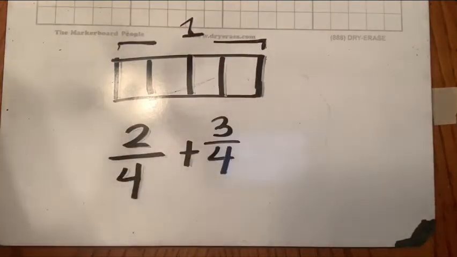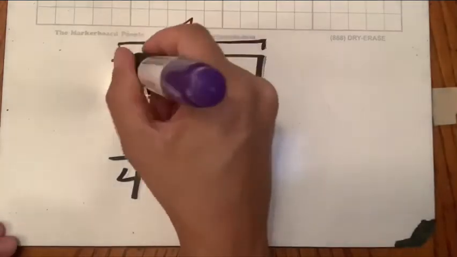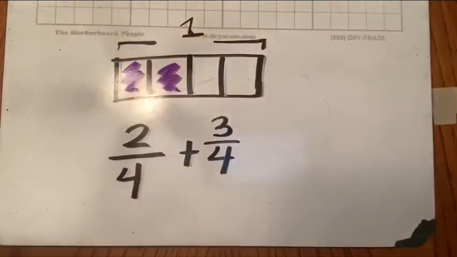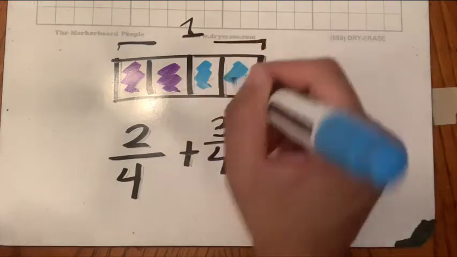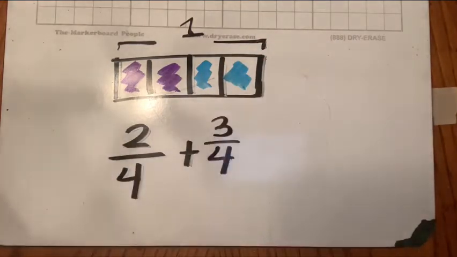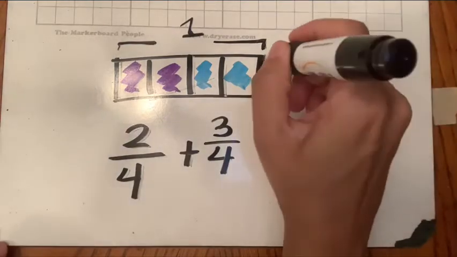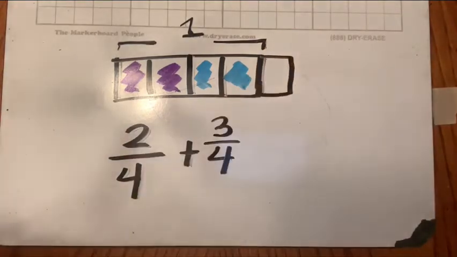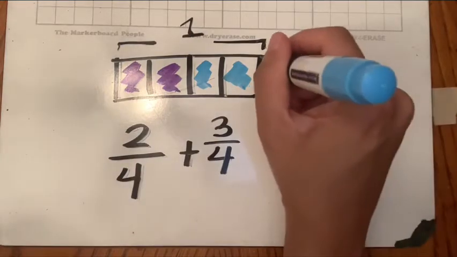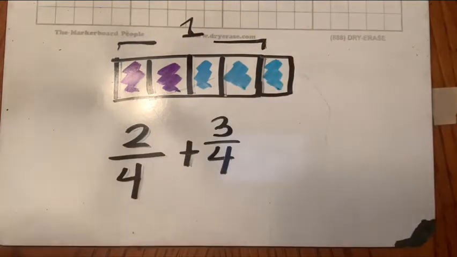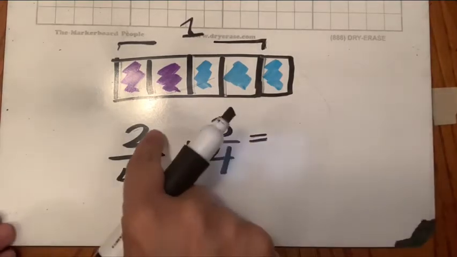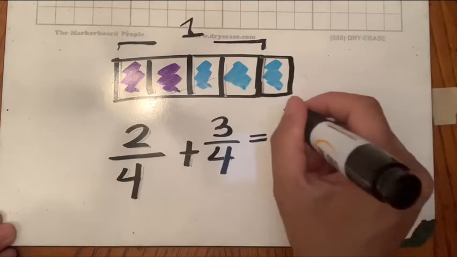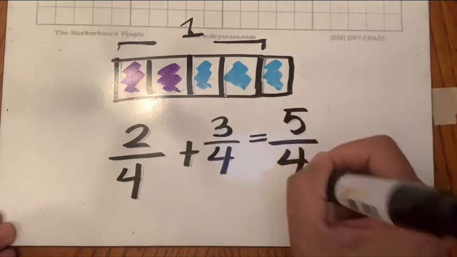My whole is fourths. So I'm going to shade in 2/4, and I need to add 3/4. 1, 2. Oh, it looks like I need to add 1 more fourth, right? 3/4. So now I can add my fractions. 2/4 plus 3/4 is 5/4.